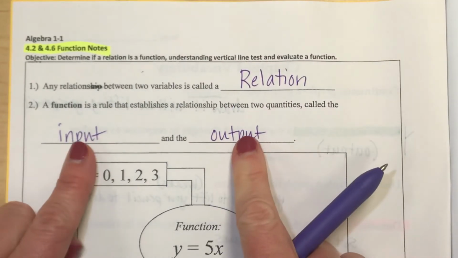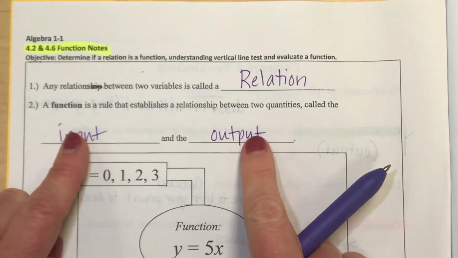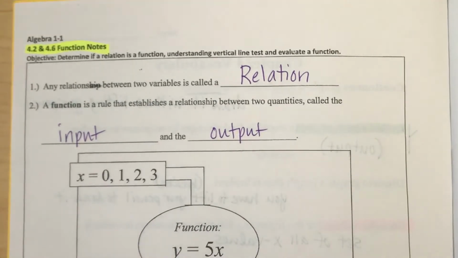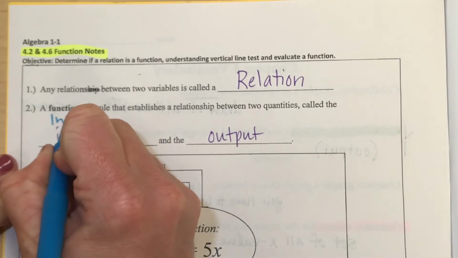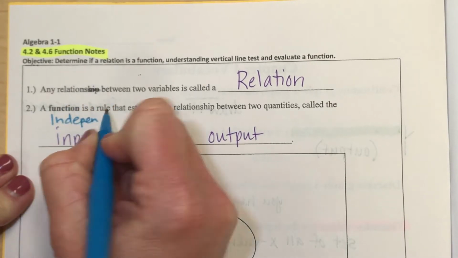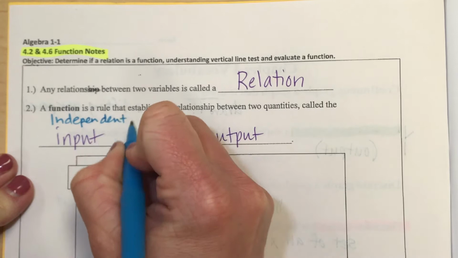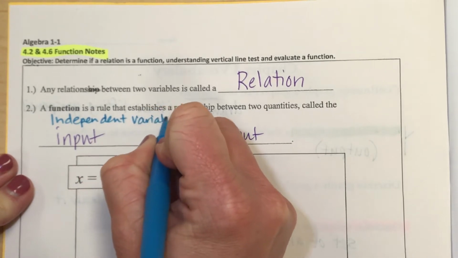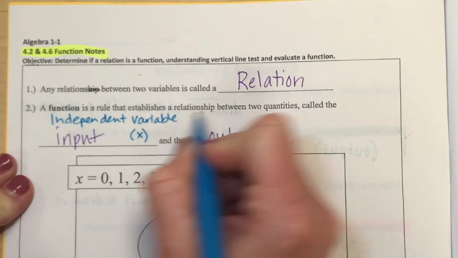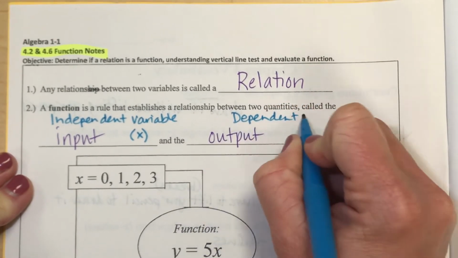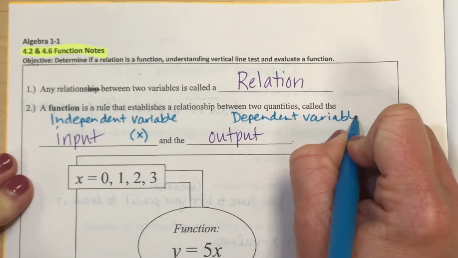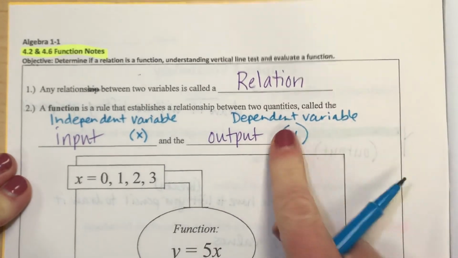Now there is another word that we can use for input and output, and this would be your independent variable, which is normally the x, and then your dependent variable, which is normally called the letter y.